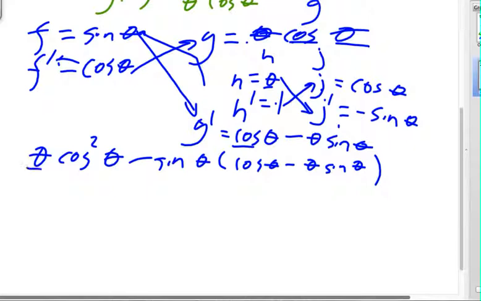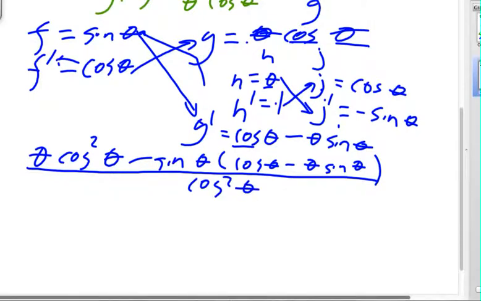And all this is going to be over G squared, which was theta cosine of theta, and I square it: theta squared cosine squared of theta. Okay. And I think I left a theta.